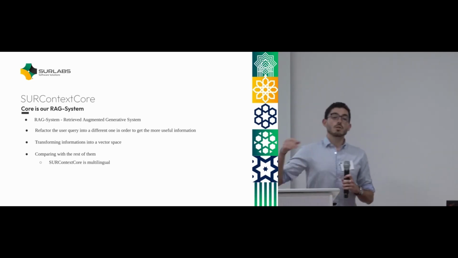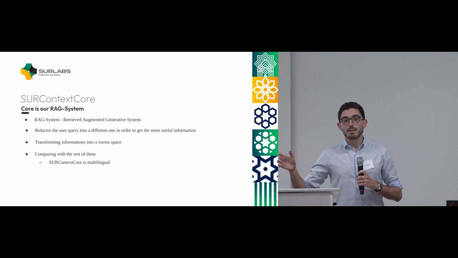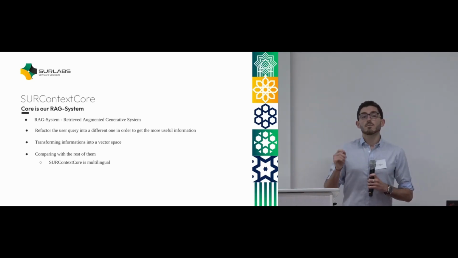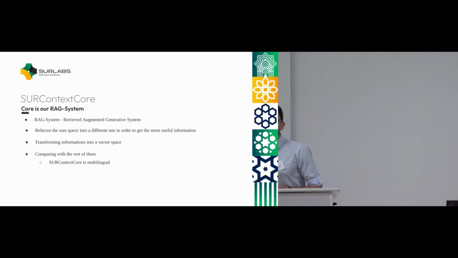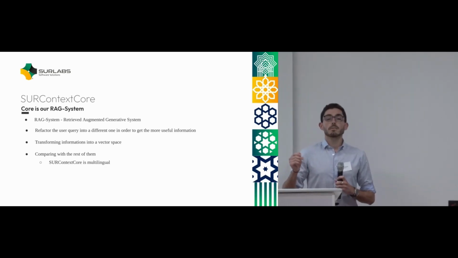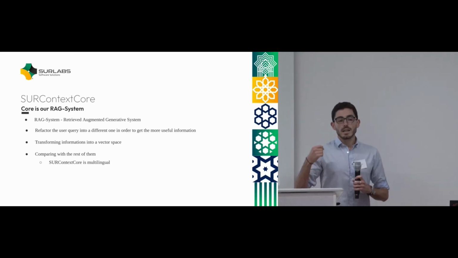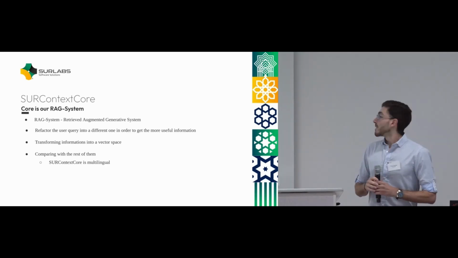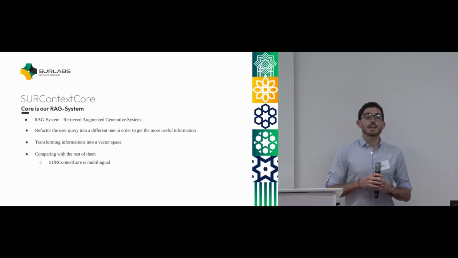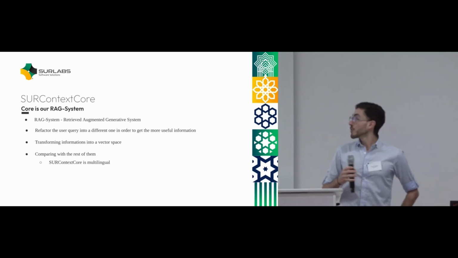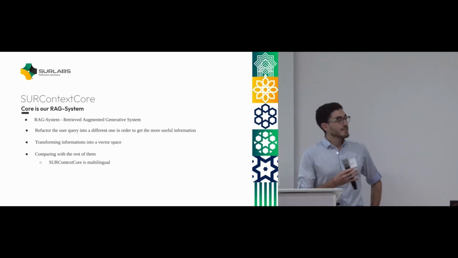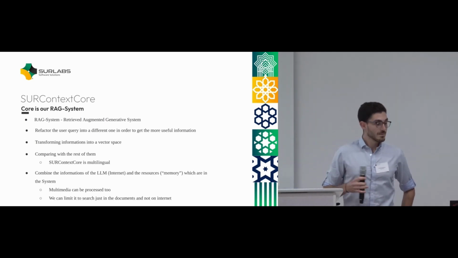This allows us to compare that vector with the rest of them. SIR context core is multilingual. That is very important, because thanks to that, we are able to compare vectors in English, in French, in German, in Spanish. For example, if I am honest, when I talk with Nicole and she passes me a PDF, I use SIR context to be able to provide an answer.